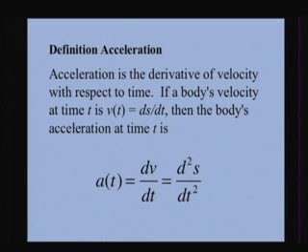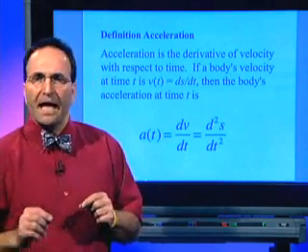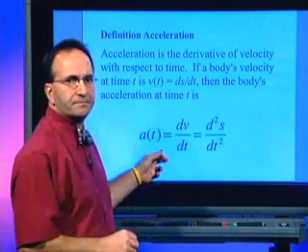If a body's velocity at time t is v of t equals ds/dt, then the body's acceleration at time t is the derivative of velocity, which is the second derivative of displacement, or in other words, s double prime.